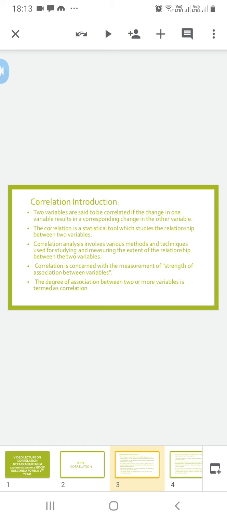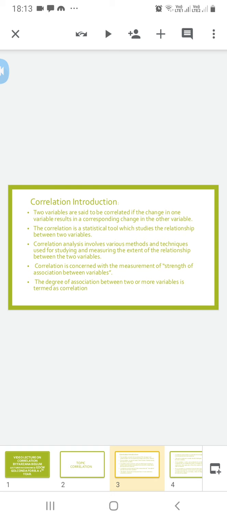Two variables are said to be correlated if the change in one variable results in a corresponding change in the other variable. Correlation is a statistical tool which studies the relationship between two variables.